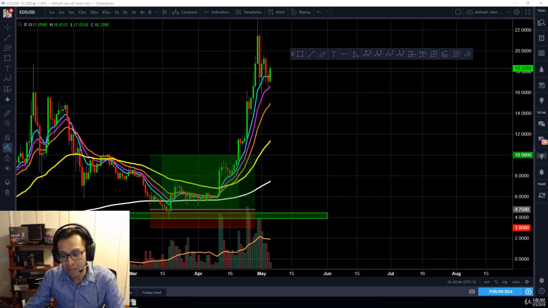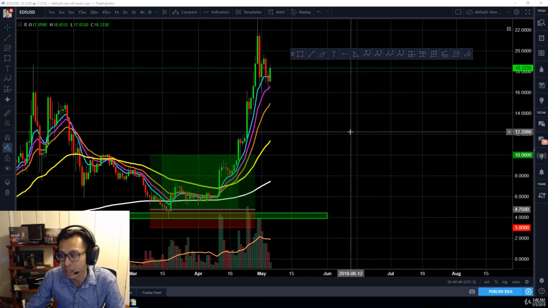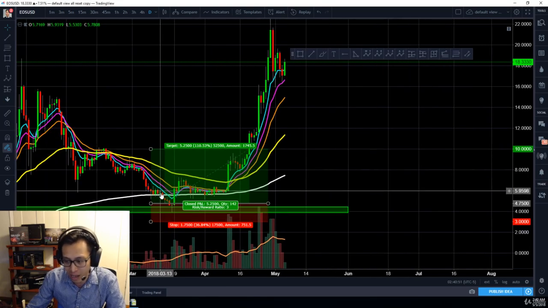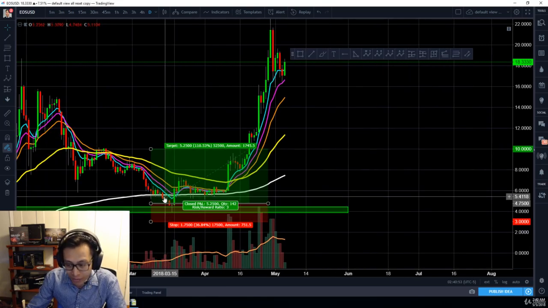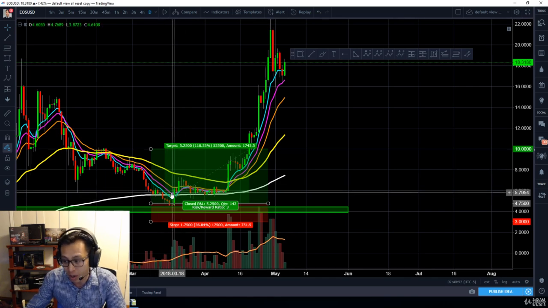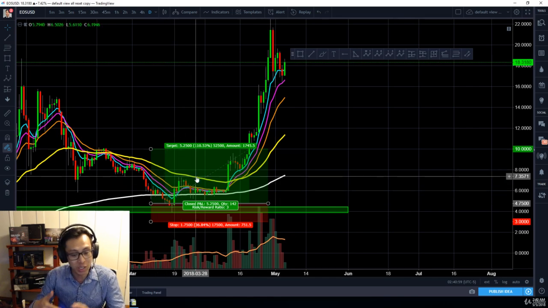But let's say it actually never went down, guys. Let's say it never went down lower than $4, right? And $5 was the lowest. Well, when it starts to break upwards and onto strength, then you guys can actually buy more into strength. Remember what we were talking about earlier in terms of buying more into strength?